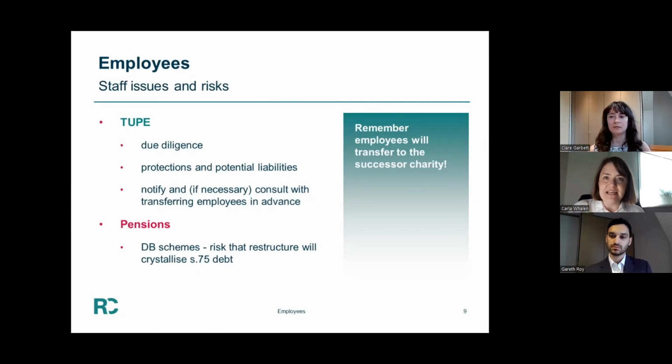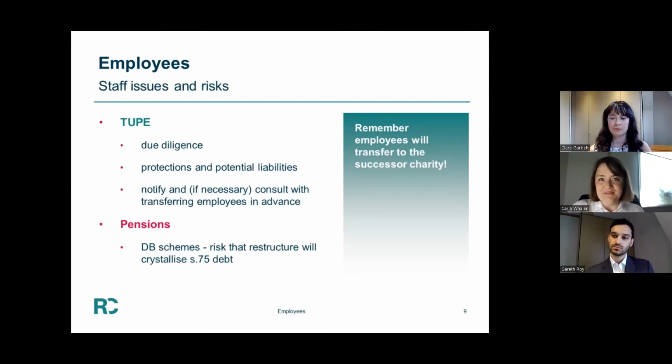If there is any doubt, you should obviously take advice, because if you proceed on the basis that TUPE doesn't apply and then you don't comply with your obligations, there can be some quite costly claims that employees can bring against you. They're known as protective awards, and the penalties can be quite significant. So even if it feels like a very administrative paper task, don't ignore it.